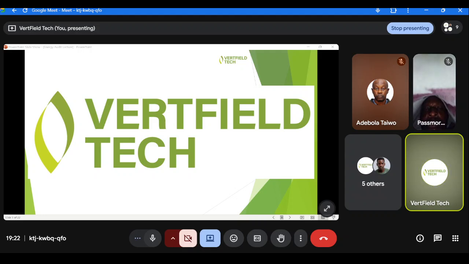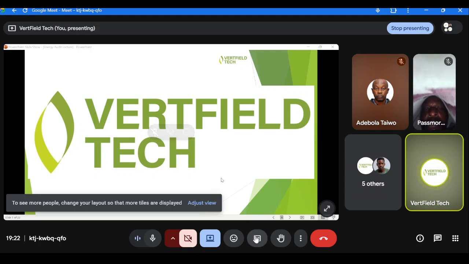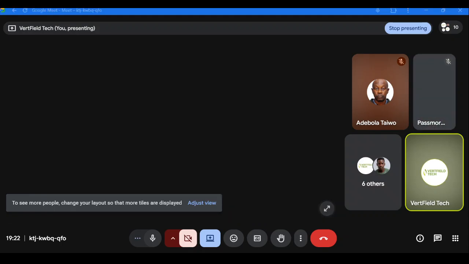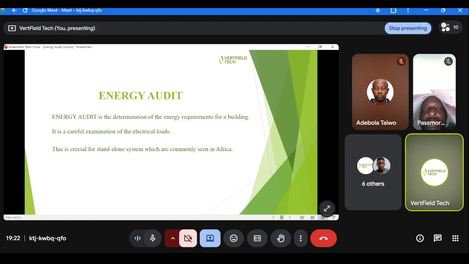All right. I am going to be sharing my screen right now. Please kindly indicate you can see my screen. Can you all see my screen, please? I need you to respond. Can you see my screen?